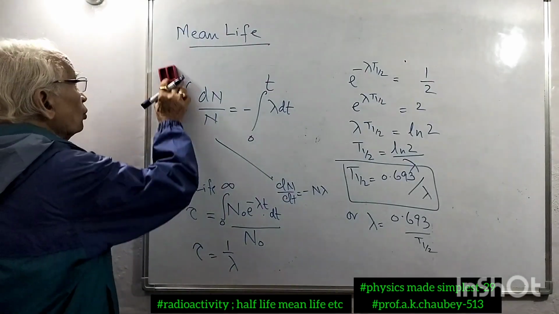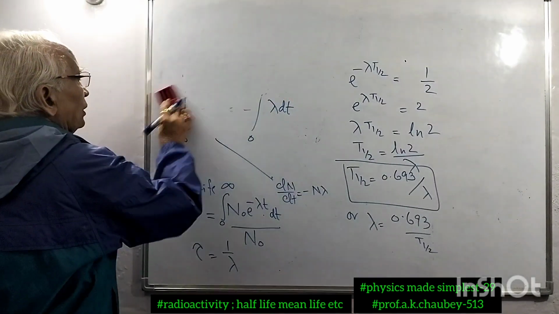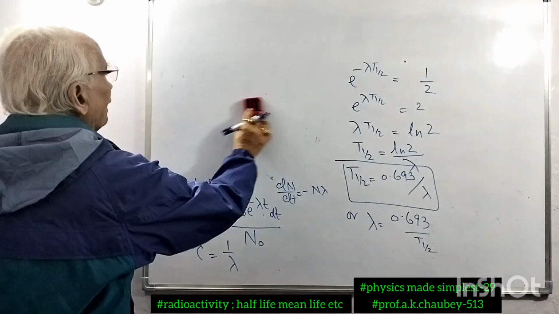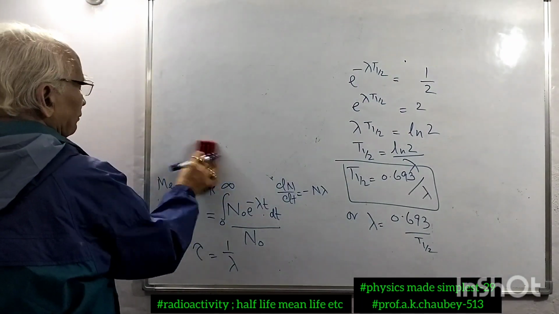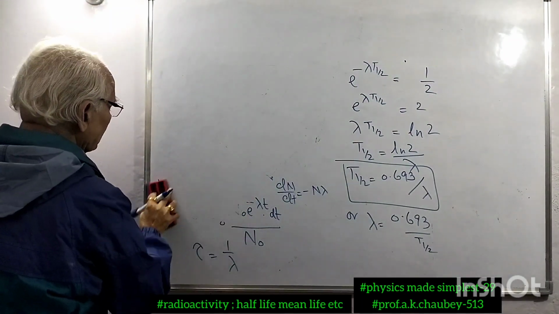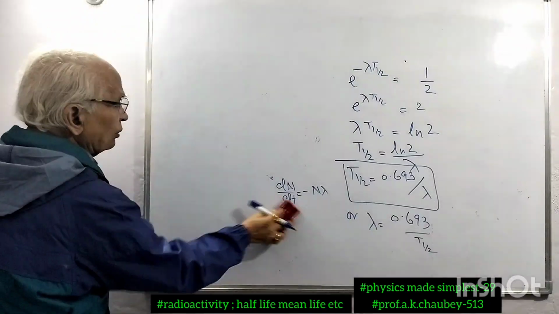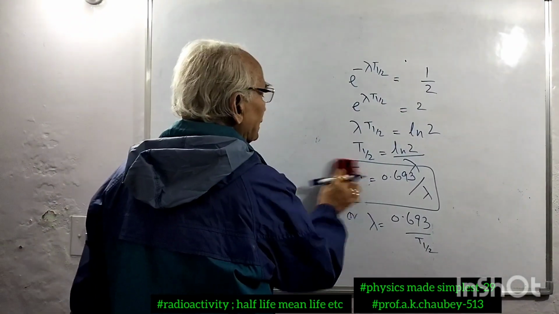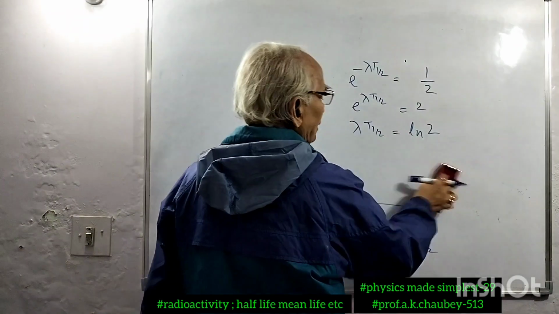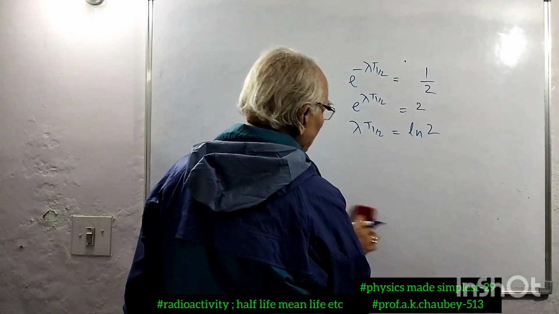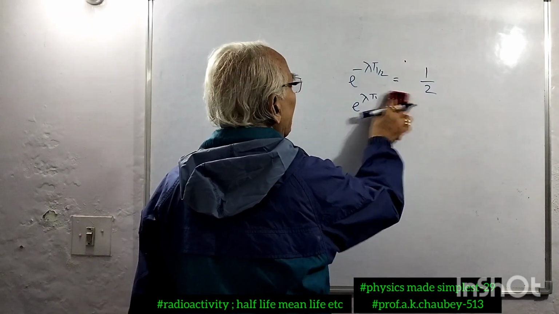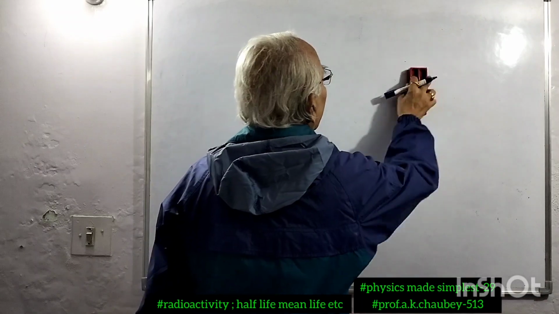So these are two terms for radioactive systems: one is half-life, the other is mean life. Half-life is written in the books, in the table of each element. Mean life is not mentioned. So half-life is more important because it is the important parameter for radioactive elements.